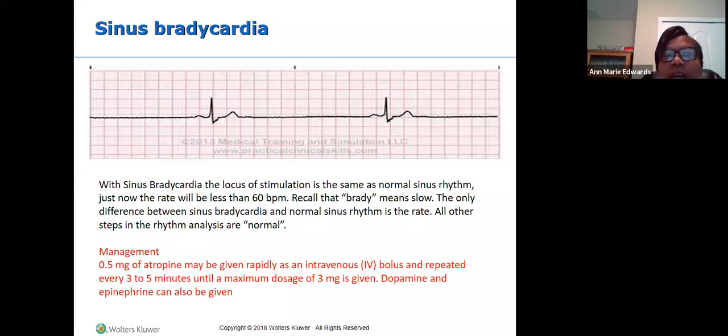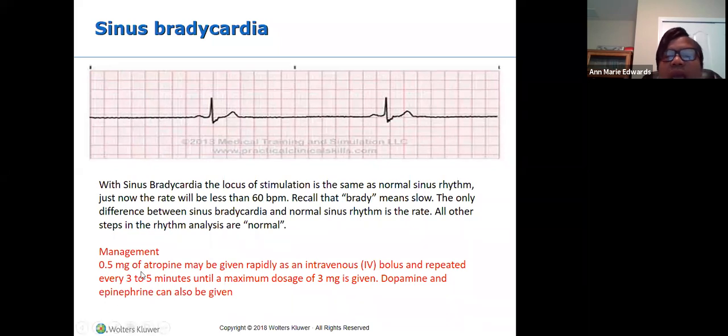Okay? You divide 300 by that number. Okay? So you can check the heart rate from counting the number of large boxes.